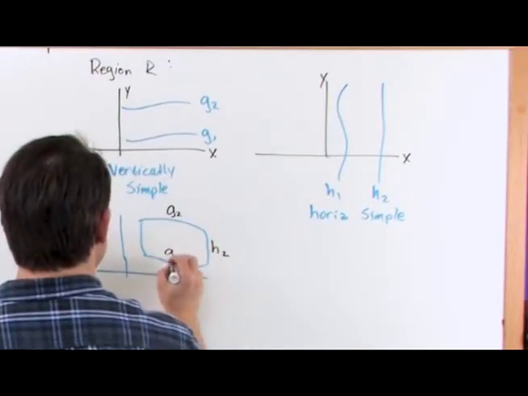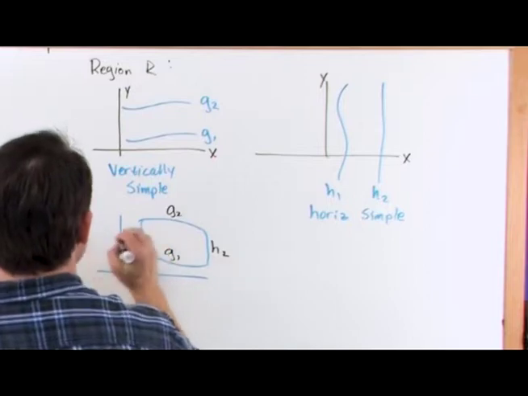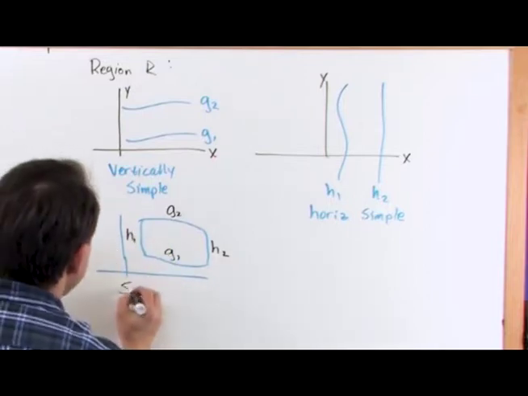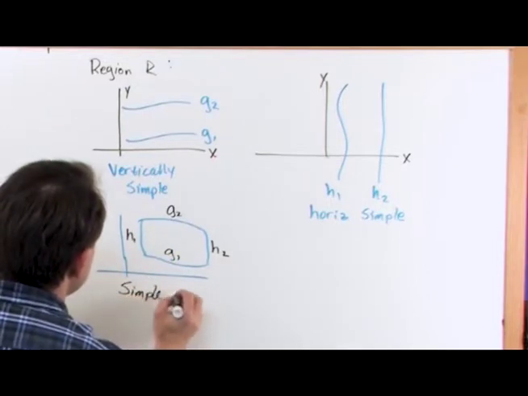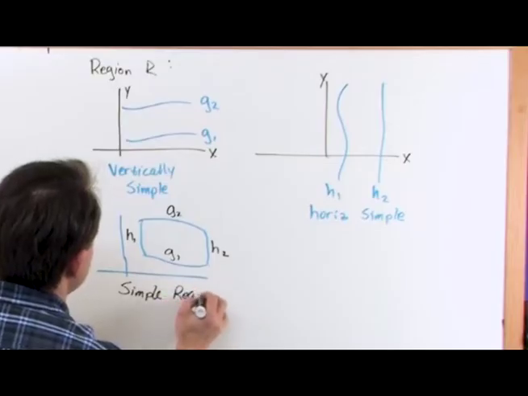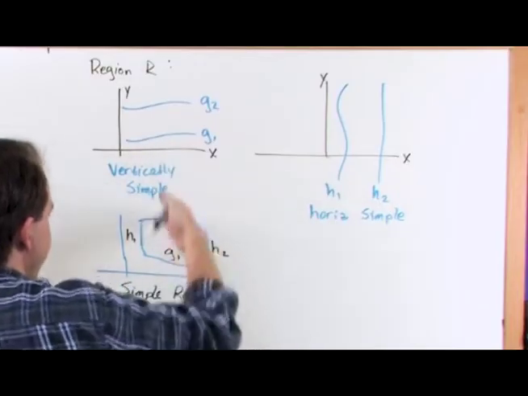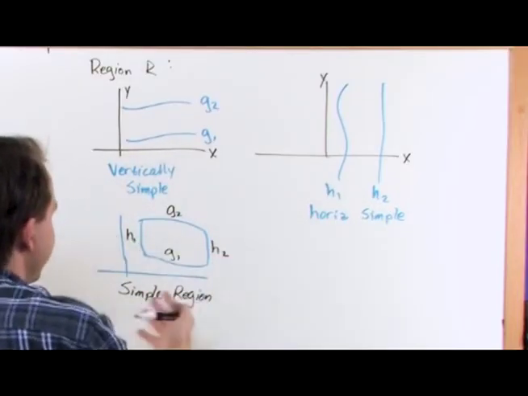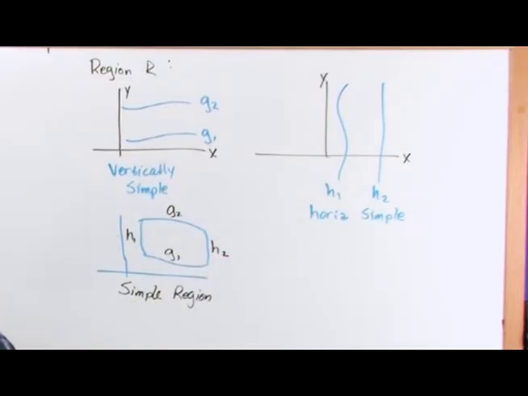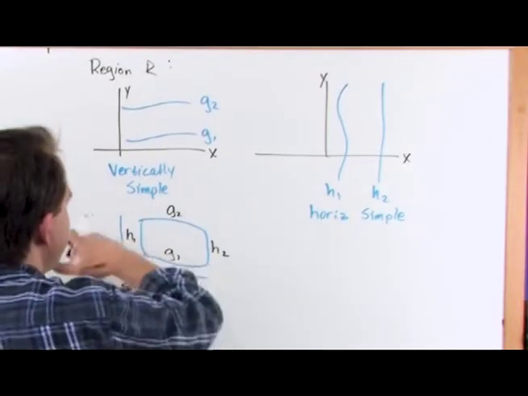This section over here was g sub 1. This section is h sub 1. This is simply called a simple region, because it's vertically simple through here and it's horizontally simple through there, so the whole thing is called simple. It's not only vertically, it's not only horizontally, it's both.